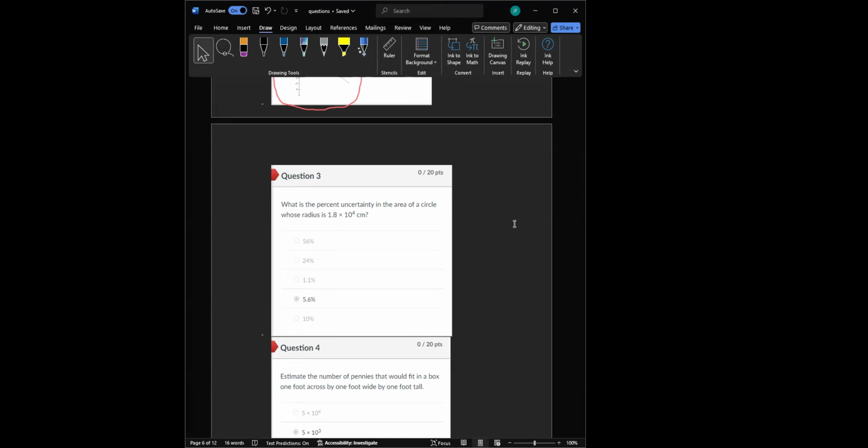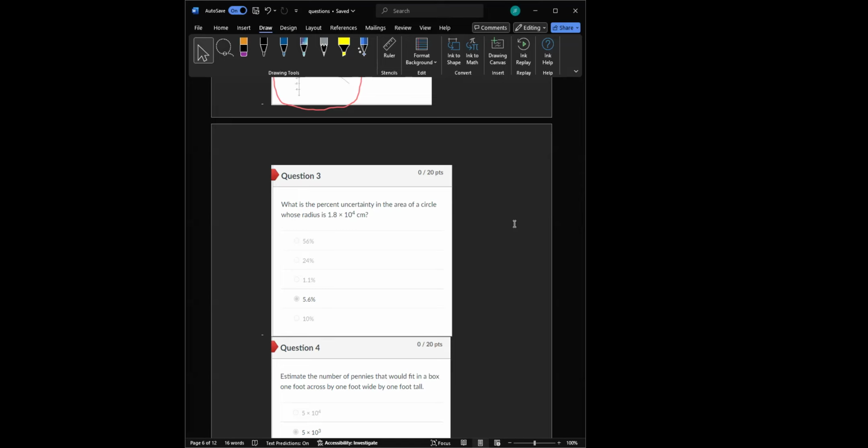I did 3.14159 times 1.8, I just did pi, the symbol for pi. Yours is probably a little better than mine. Only went to six sig figs, but that looks like 1, 2, 3, 4, 5, 6, 7, 8, 9. So 1.0179 roughly times 10 to the ninth centimeters squared.